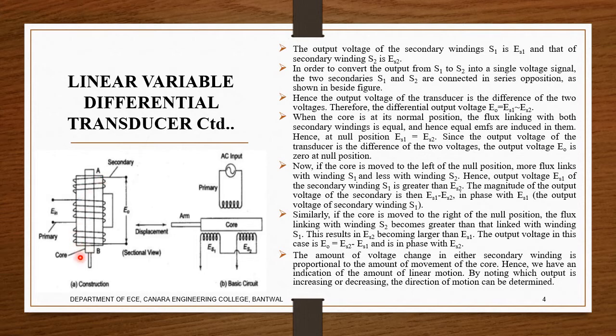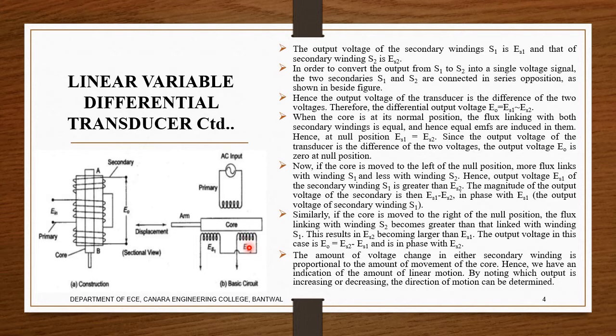When the core is pushed this way, you can see how it looks. When the core is here, that is the null position. So the same voltage is induced in ES1 and the same voltage is induced in ES2.